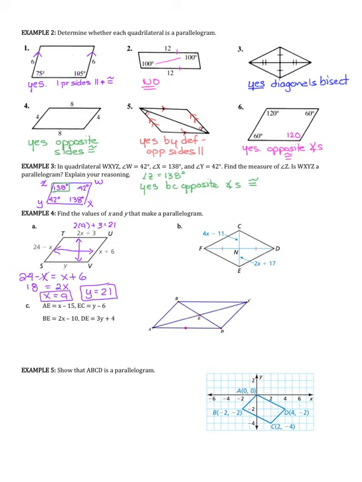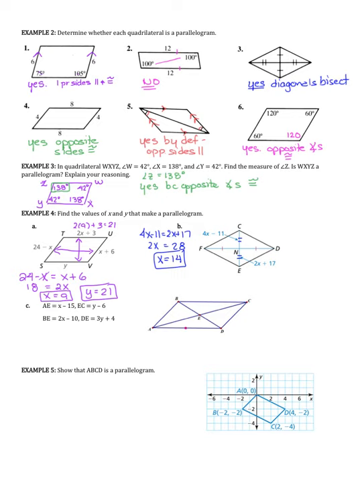This next one, if it's going to be a parallelogram, it means this piece, since the diagonals are bisected, so I can set 4x minus 11 equal to 2x plus 17. So we have 2x equals 28, x equals 14, and there is no y value in that one, so yay, we don't have to do it.